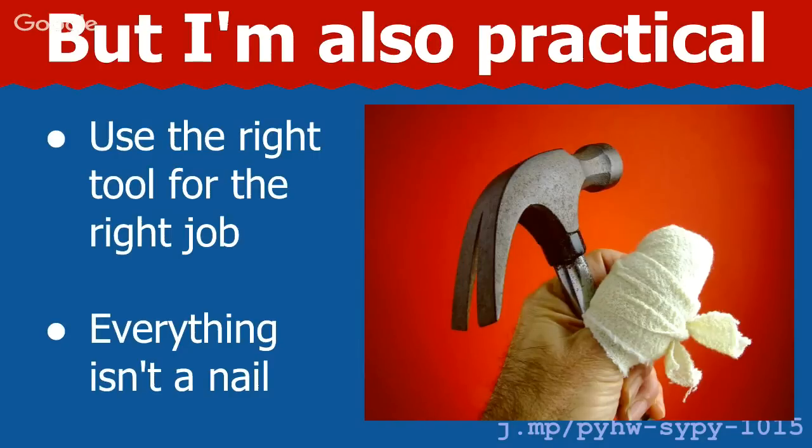Python is not the best language to do everything in. It's pretty good at most things, but if I was writing an embedded operating system, I probably wouldn't choose Python. Everything is not a nail, as they say, and Python isn't the hammer. Use the right tool for the right job.